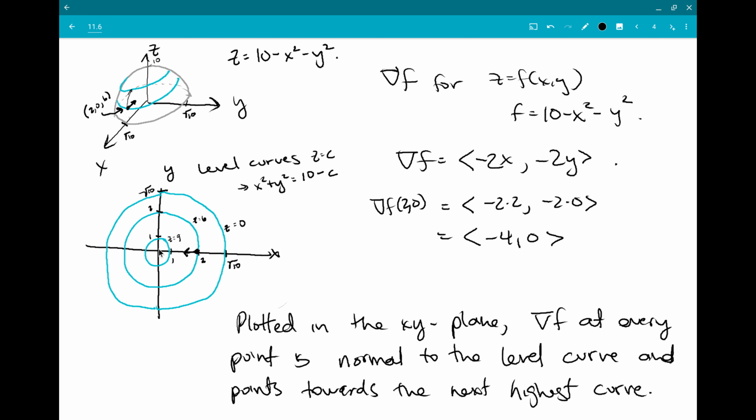That's saying the same thing as the direction of steepest descent. Sort of the fastest way to move to another curve is going to be heading straight off your curve, not going side to side. And then in order to be ascending and not descending, it'll be heading towards a higher level curve.